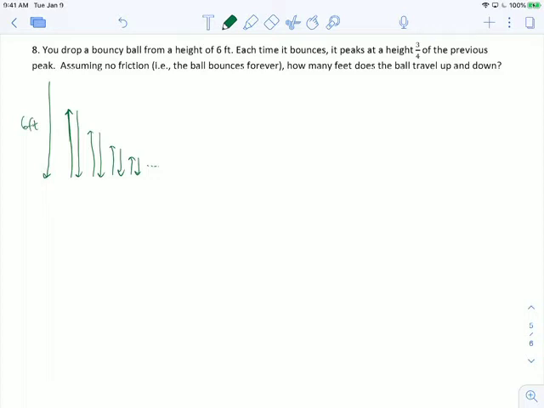So what we want to do is add up this distance. We're going to have this distance twice, this distance twice, this distance twice, and so on. So I need to figure out how I'm going to add all these together.